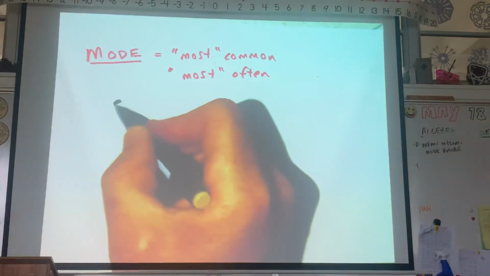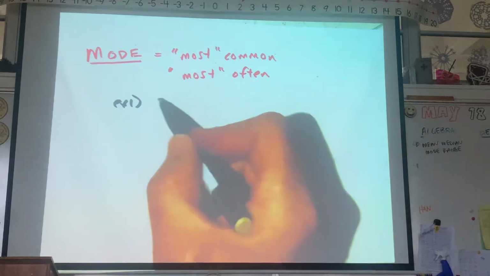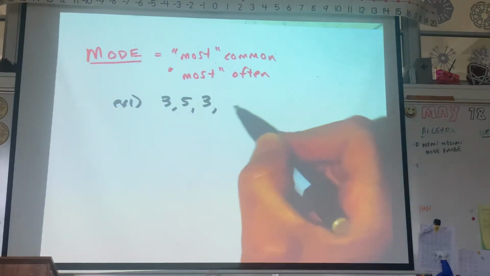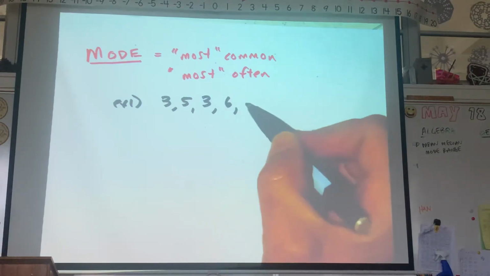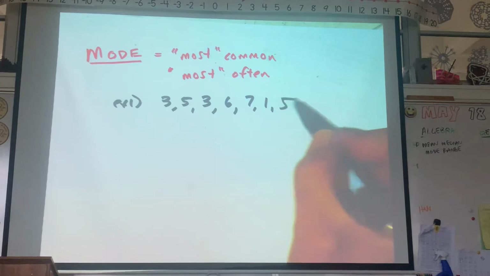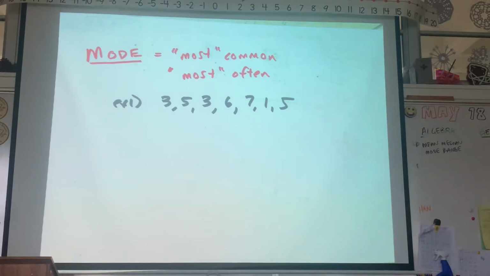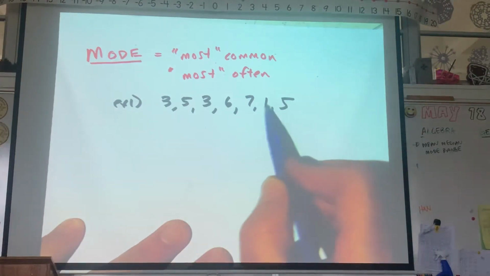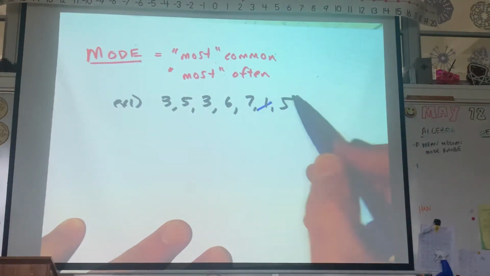Let's have an example 1 right here. Let's go 3, 5, 3, 6, 7, 1, 5. Now once we're looking at this, I see only 1, 1, so that's out of here.